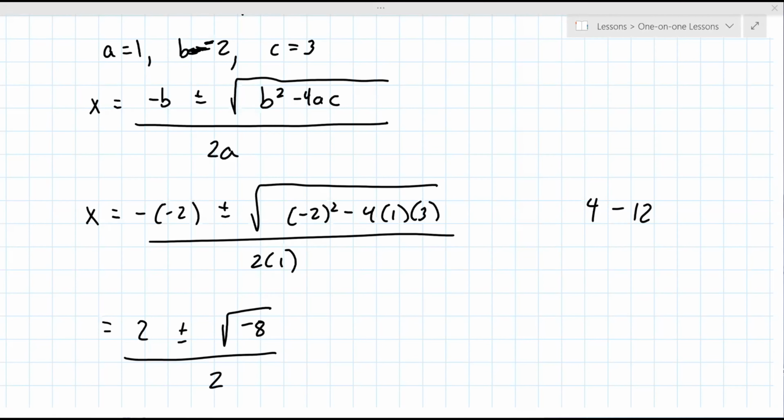What does that become? Square root of -8. I'll let you get caught up if you need a little time. 8i. It's a bit more.